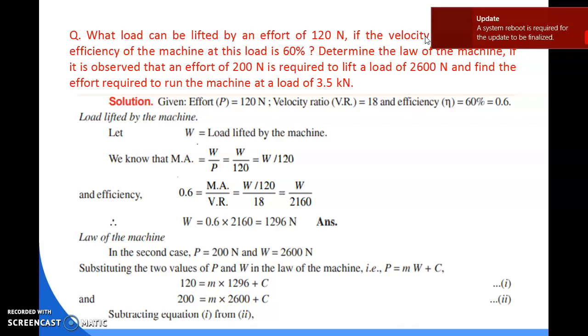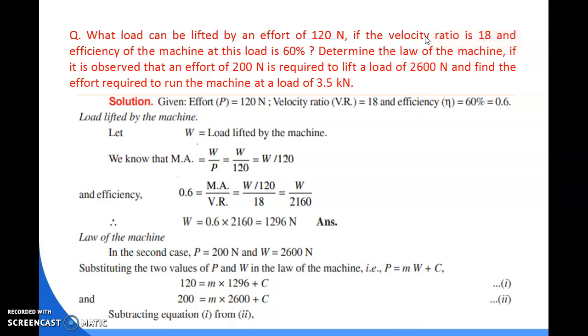Determine the law of a machine if it is observed that an effort of 200 Newton is required to lift a load of 2600 Newton, and find the effort required to run the machine at a load of 3.5 kilonewton. So here two cases are there. That's why we have to solve this problem in two phases.